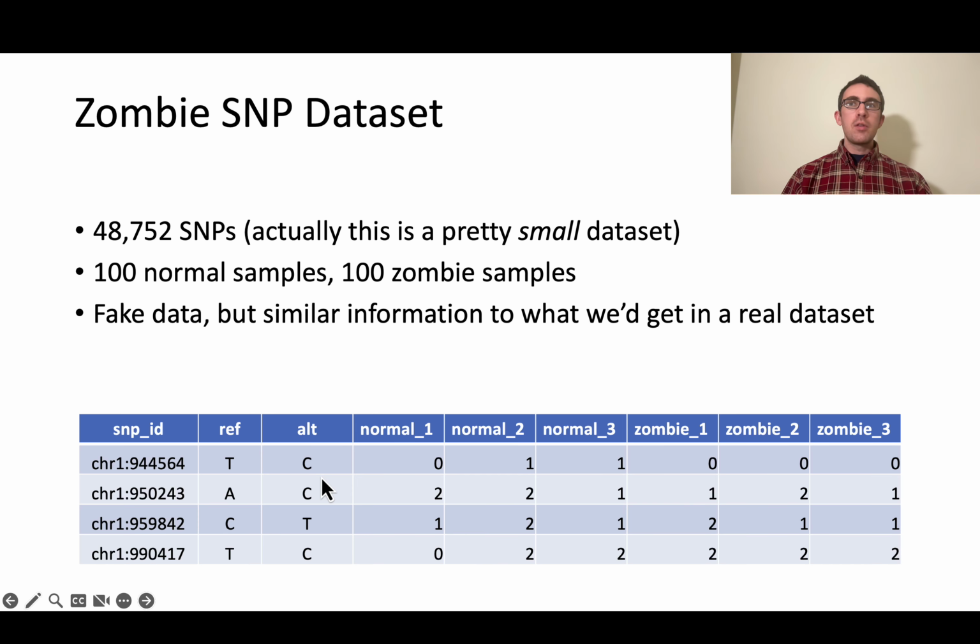But just for the sake of simplifying things for our project, I assumed that for our purposes every SNP only has one possible alternate allele, just to make things easy on us.